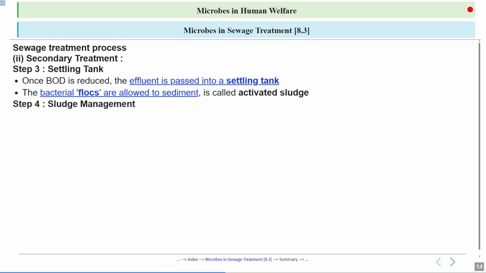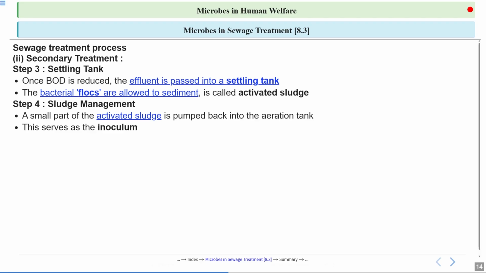Okay, next step is sludge management. Sludge means semi-solid waste material which is generated during the process of wastewater treatment. Now a portion of the activated sludge is returned to the aeration tank where the bacteria were originally grown. So a small portion of activated sludge is pumped back into the aeration tank.